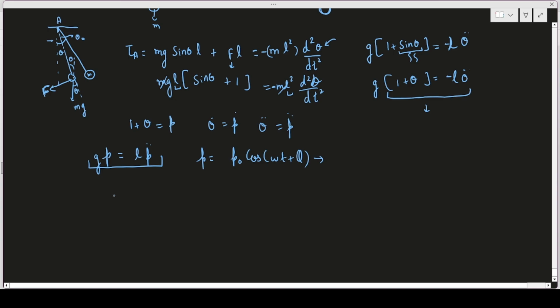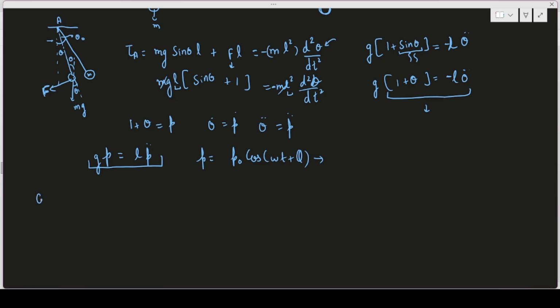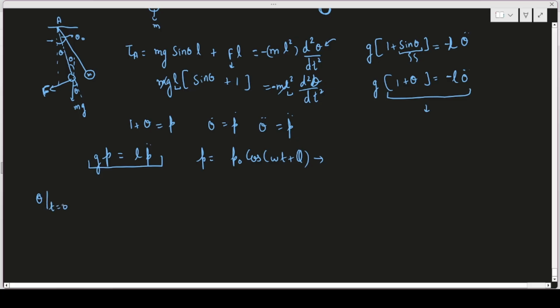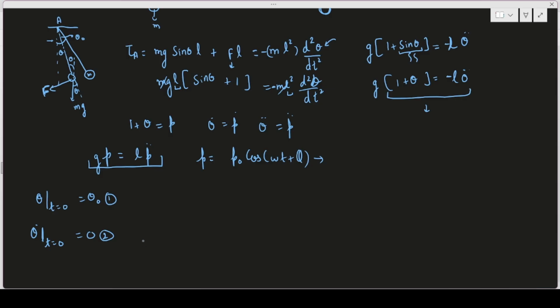Now let's see the initial conditions. So theta at t equal to 0 equal to theta naught. This is our initial condition 1. And theta dot at t equal to 0 equal to 0, because at theta equal to theta naught, when time equal to 0, there's no angular velocity of the bob.